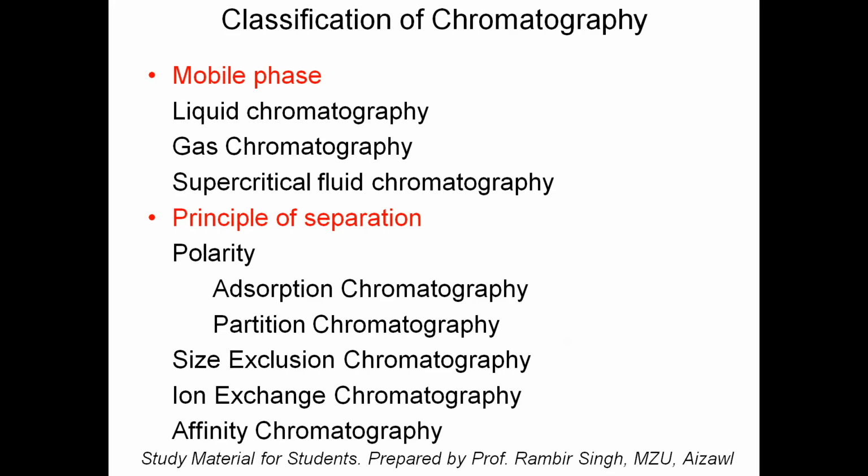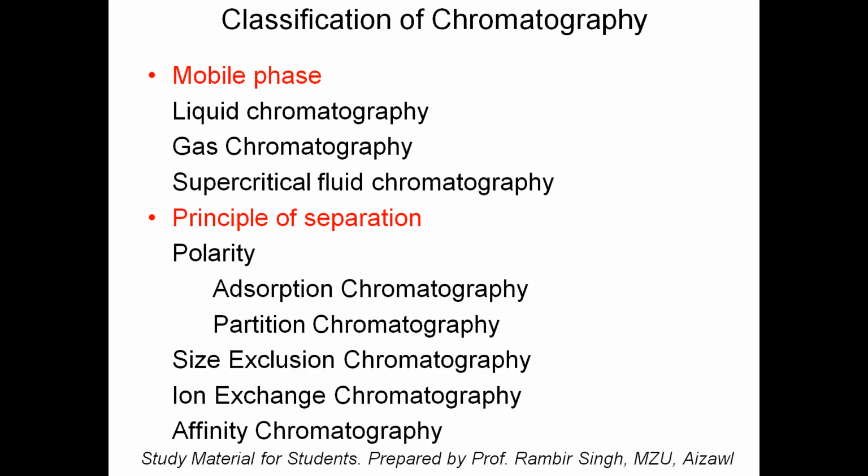Now, for some separations, suppose I want to separate proteins. Proteins are very complex molecules. Simply based on polarity, it was very difficult to separate those molecules, because these are not simple compounds of a few Dalton molecular weight. There are very big molecules, say 100 kDa, 200 kDa, big proteins.